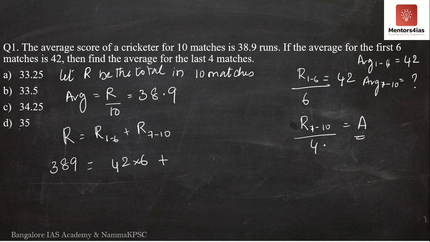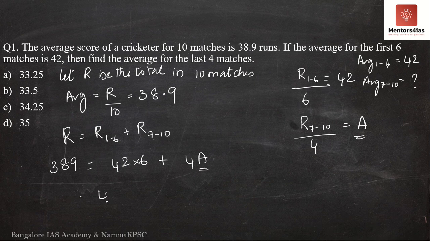This is nothing but 4 into its average, that is 4A. What is the question asking for? The average for the last 4 matches. So here we have a linear equation with one unknown variable. Therefore, we should be able to determine the value of A.